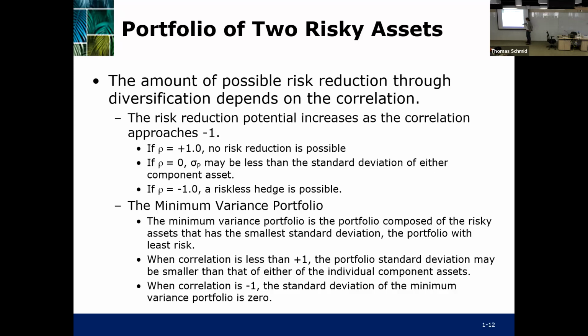When the correlation is -1, the minimum variance portfolio has a risk of 0. Right? Because when the correlation is -1, it's possible to form a portfolio that has no risk at all. For a correlation of less than 1, the risk of the minimum variance portfolio can be lower than the risk of either asset.